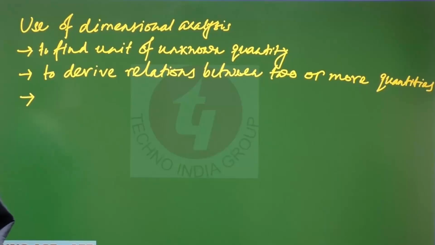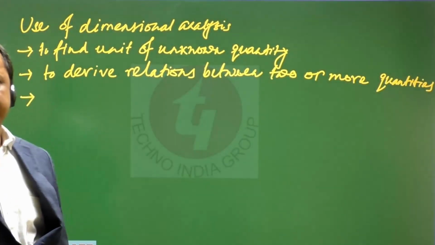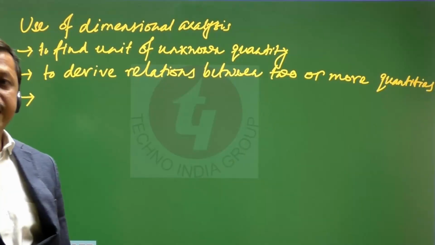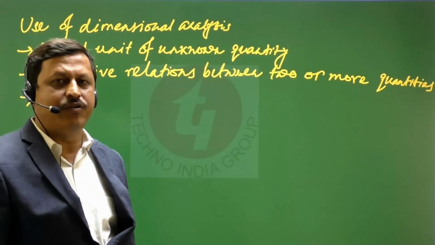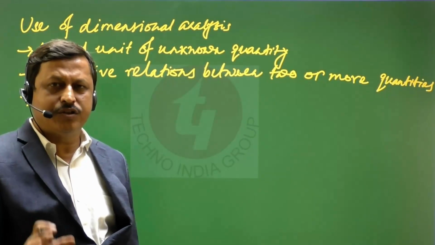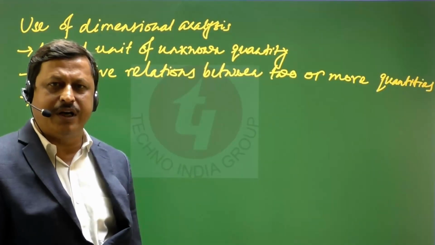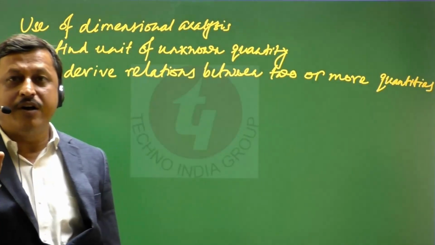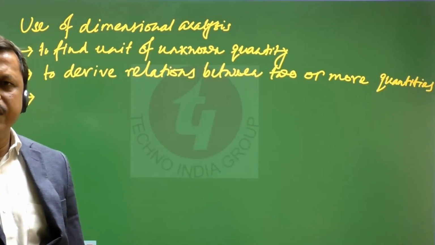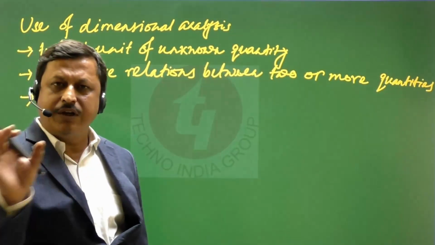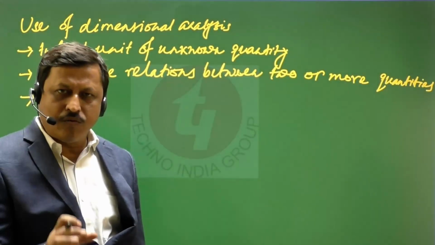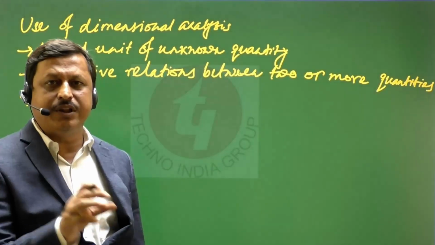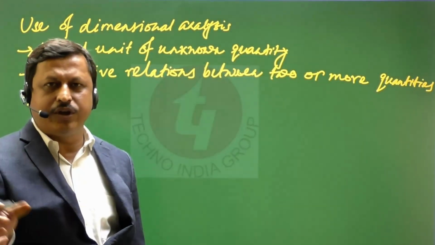Number three, say you know that the unit of force in the CGS system is dyne and in the SI system is Newton, and you also know the relation between Newton and dyne. But in case you have an unknown quantity and you know the units of the quantities in the CGS system and SI system, what is the relation between the two different units?